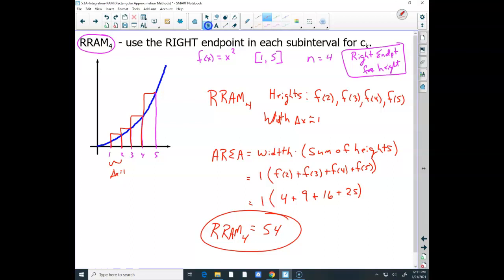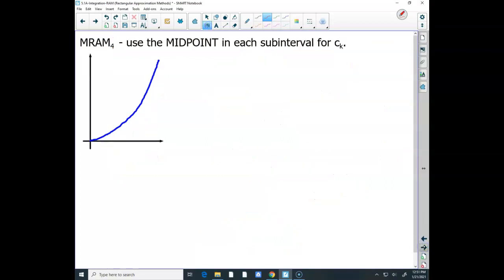Okay? The very last one we're going to do is a mid-RAM. Now everything's still the same. F of x, because this is all going to be the same problem, is x squared, 1 to 5, n equals 4 rectangles, but now we're using midpoint for height. How do I know that? It's a midpoint, or an MRAM. So I got 1, 2, 3, 4, 5.